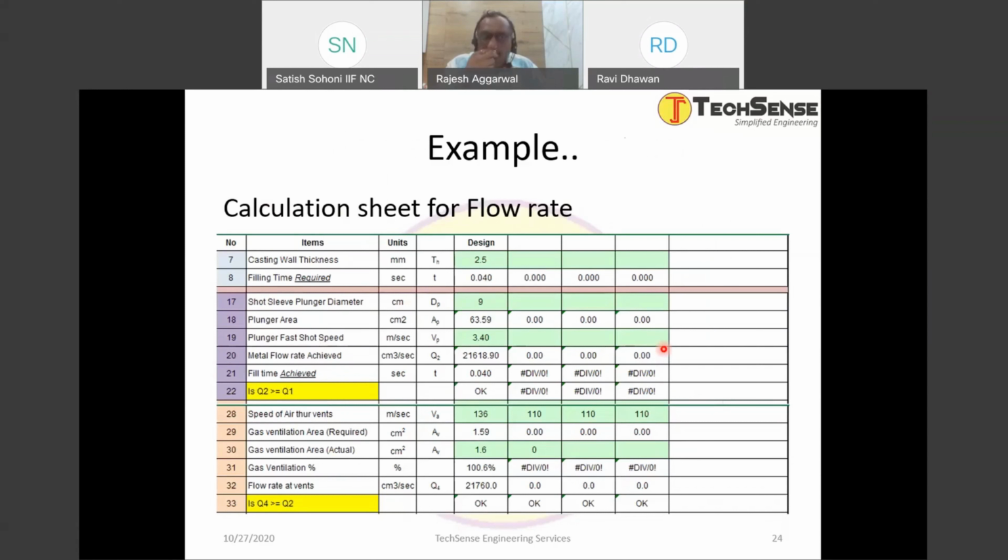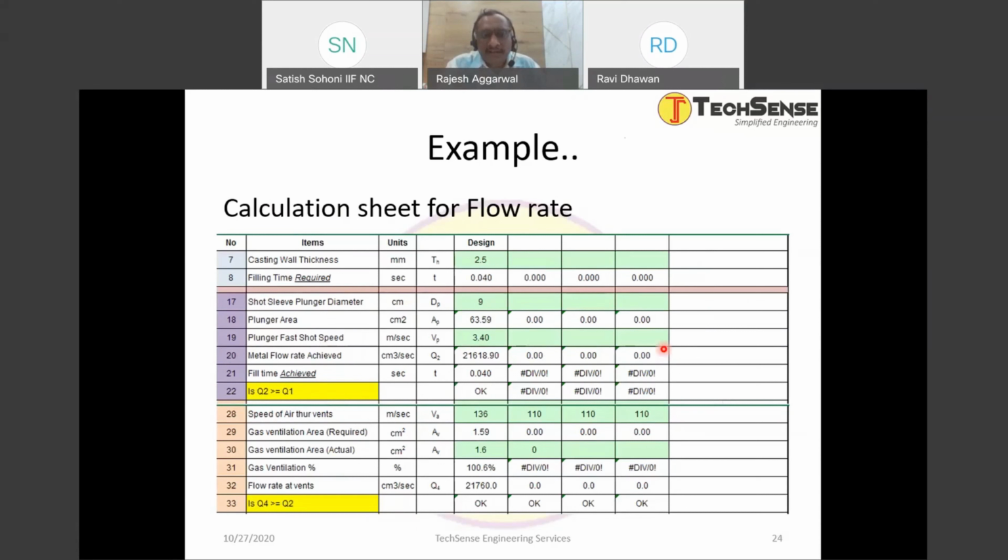We can again correlate this with the same Excel sheet. We can put up these values. We can give the speed of the air through vents as an input, and the ventilation area required as an output. Right? Now, there is one more thing we have put up: the gas ventilation area, actually how much we have provided in the die.